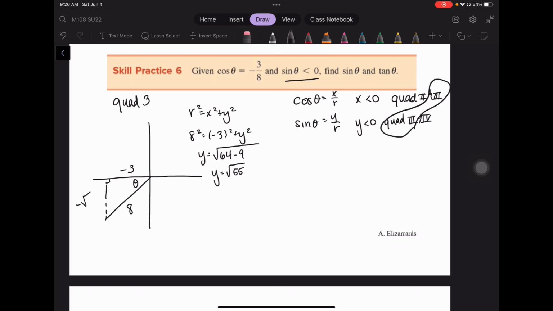So that y is negative root 55. The sine is equal to y over r, which is negative root 55 over 8, and then tangent is equal to y over x, or negative root 55 over negative 3, which becomes positive root 55 over 3.